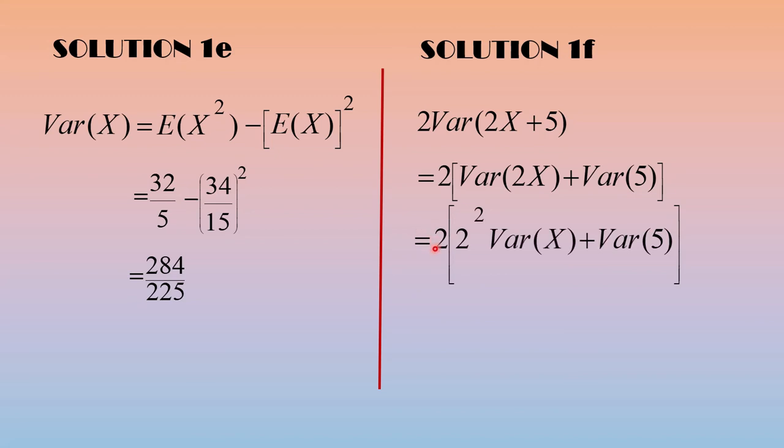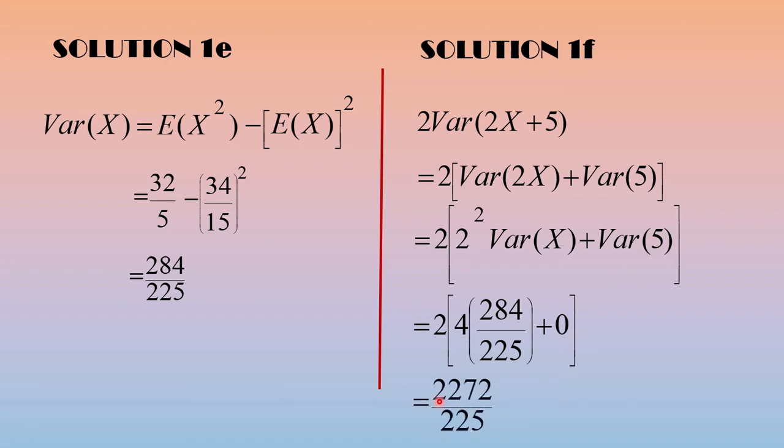That equals 2 squared times the variance of x, because we have to bring 2 outside, plus the variance of 5. So we get 4 times 284 over 225 plus the variance of 5, where the variance of a constant is 0. We simplify to get 1136 over 225.